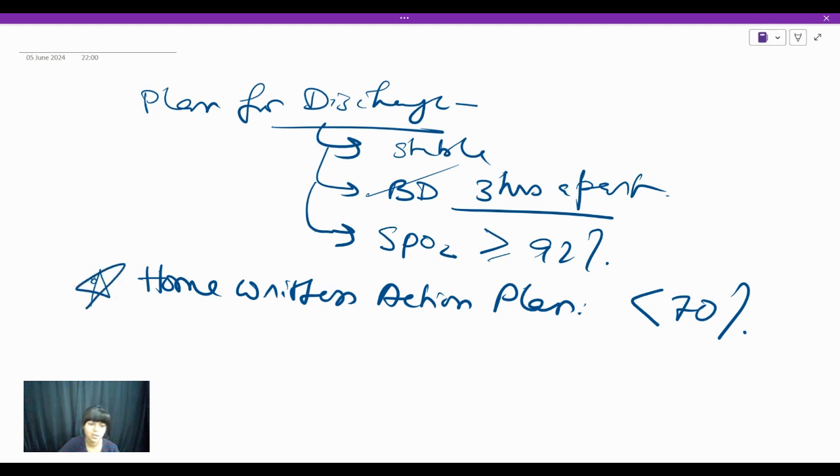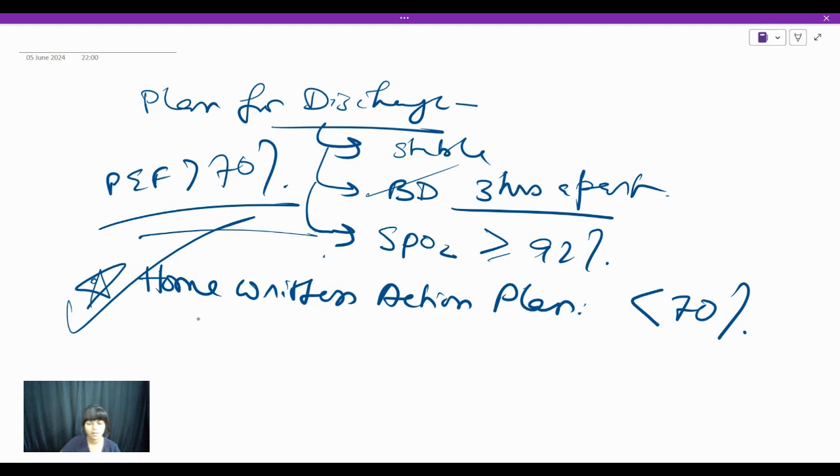So this is something which you need to definitely mention in your exam, that you should discharge the child with a written action plan at home, okay, which the parents should follow, okay. And also there is one more criteria, the PEF is more than 70%, okay, then you can plan for a discharge, okay. So that's all about management of acute exacerbation of asthma in children.